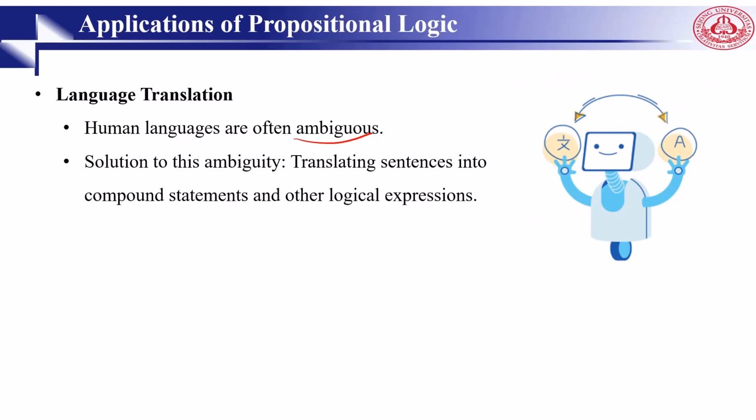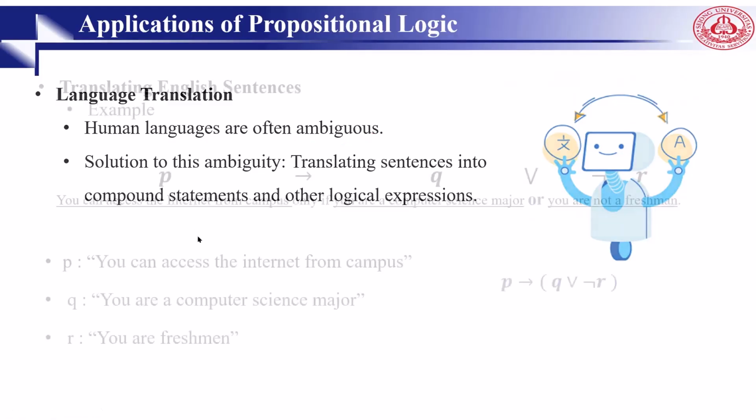And because there is no protocol, dealing with them and understanding those things for computers and machines is not easy. So translating sentences into compound statements and other logical expressions helps us to remove the ambiguity of different languages. And in this way, we try to learn.